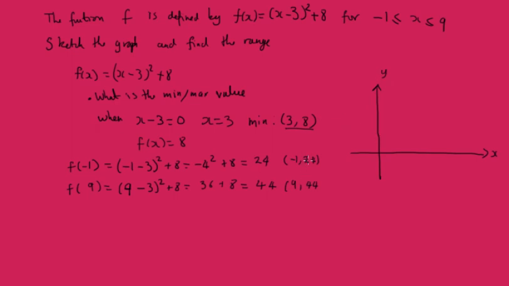So we've got minus 1, 24, this here. We've got 3, 8, that there. And then we've got 9, 44 up here.